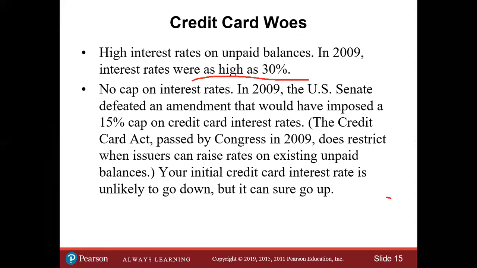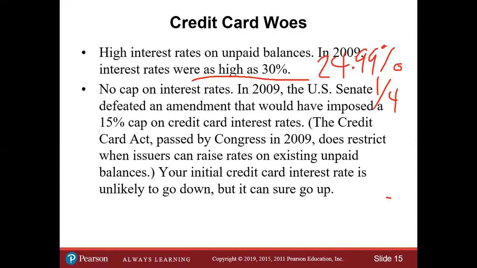Very common to see rates like 24.99%. So that's basically 1/4. So you're paying in interest 1/4 of the unpaid balance, which is crazy.